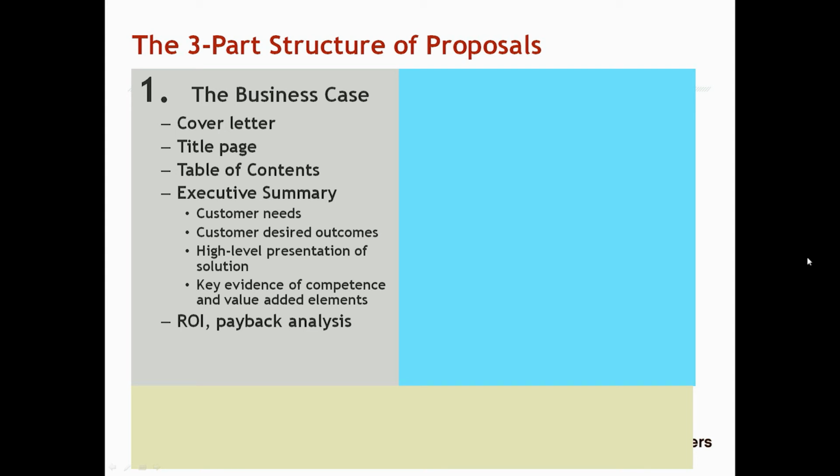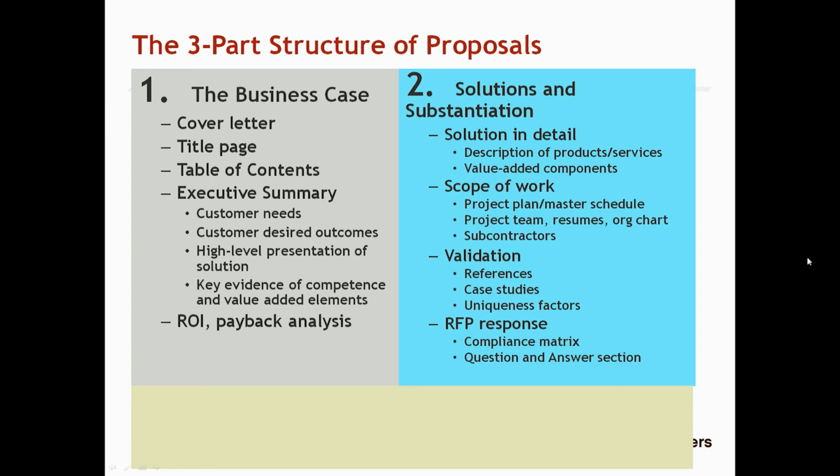Secondly, there's what we might call the solution or substantiation section. And this is the part of the proposal where we're showing them exactly how we do it. So we've got our detailed presentation of our product or our service. We've got the scope of work with the master schedule and the project team and any subs we're bringing in.